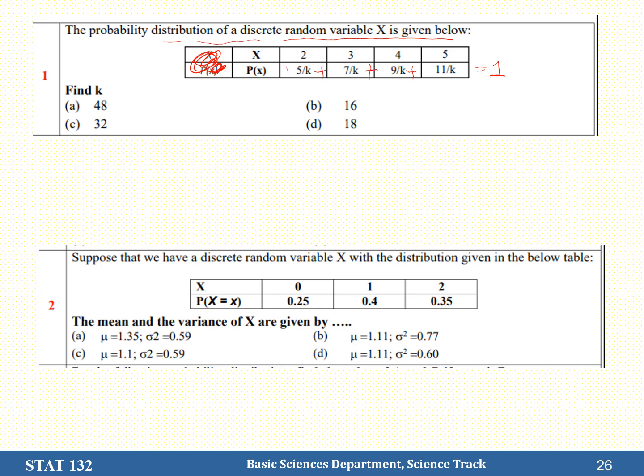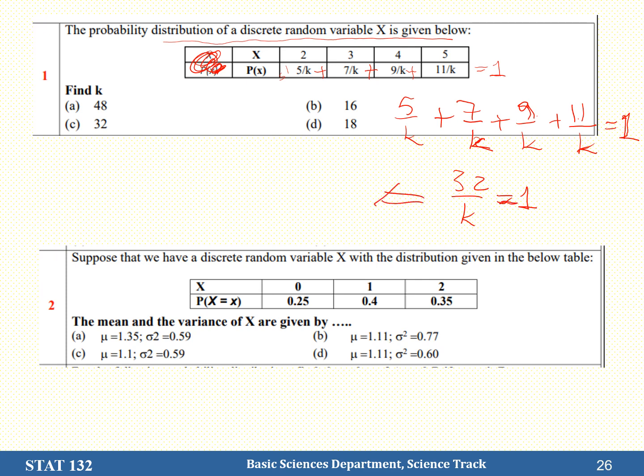So let's add them and make it equal to 1. In this case, it will be 5, 7, 12 plus 9, 21, plus 11. It will be 32 over k equal to 1. So from here you can say this k is equal to 32. So the answer is C.